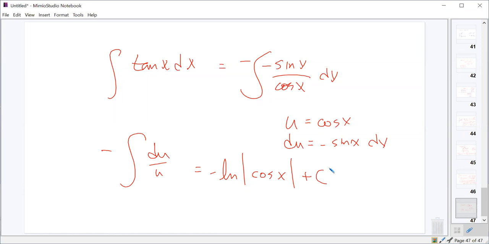So you don't need to know them. You just need to know how to find them if you don't memorize them. So it's okay if you memorize it to go straight from here to there. Same for cotangent, it's just natural log absolute value of sine. You can go straight from that to there. But if you don't, just know that you've got to split it into sine and cosine and do your u sub. Got it. Thank you.